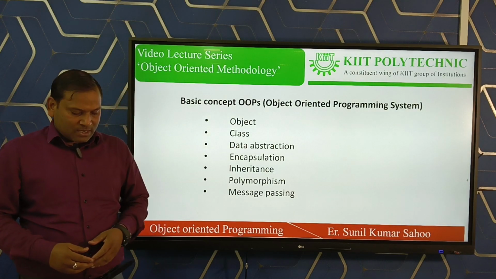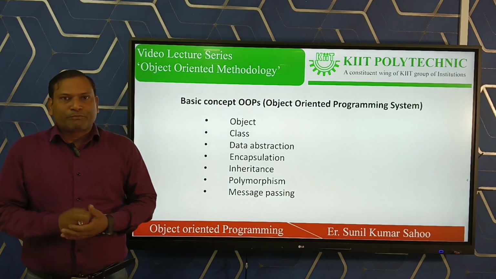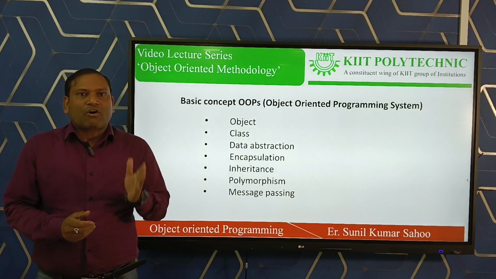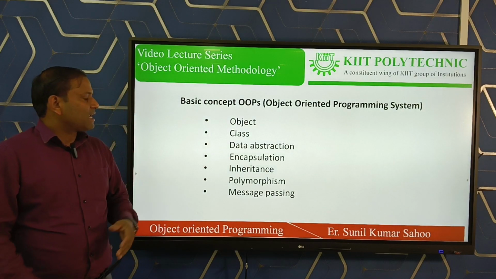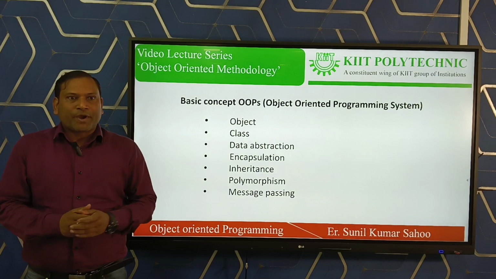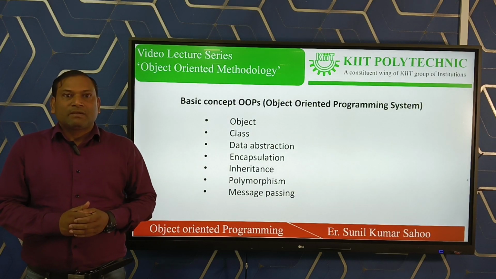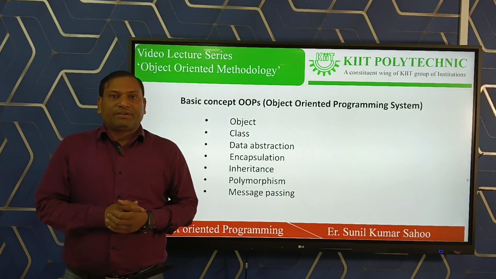Next one is class. Class is nothing but a collection of objects. Class is a blueprint that object follows. Third feature is data abstraction. Abstraction means showing essential things but hiding all the implementation details.